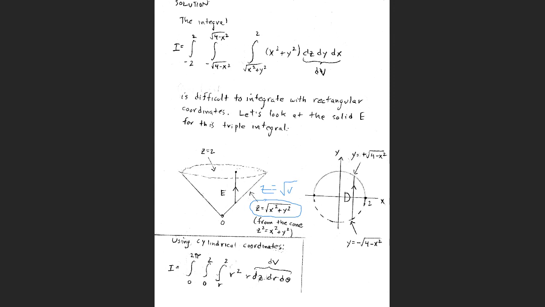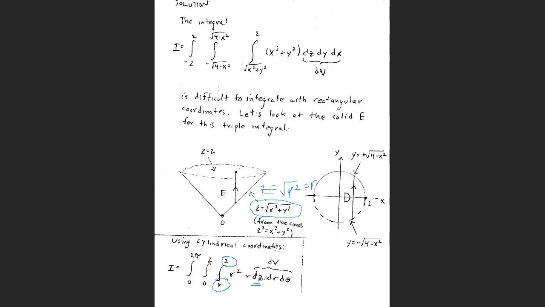Because in cylindrical coordinates, r squared is equal to x squared plus y squared. And so that just gives me r. And so that means dz goes from z equals r, the cone, the bottom surface, and then z equals 2 is the plane on top.